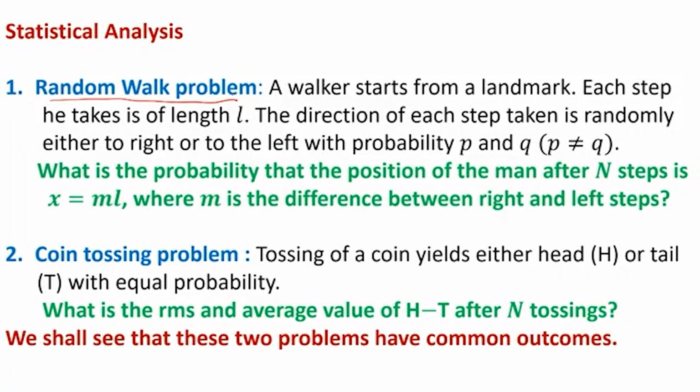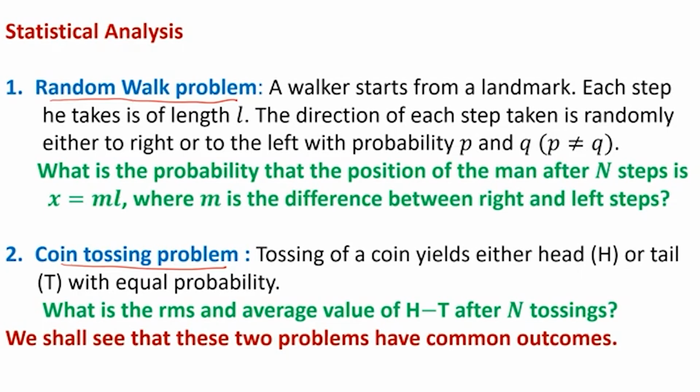They are shown here. There is a random walk problem that you see here, and there is a coin tossing problem. The random walker, assumably a drunken man, starts from a landmark, say on the road, and takes a step to the right or to the left with distinct probabilities, and each step he takes is statistically independent of the others.